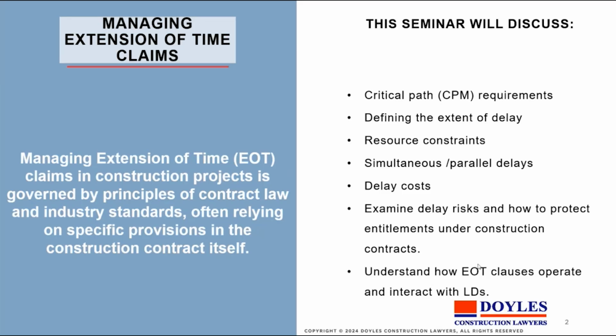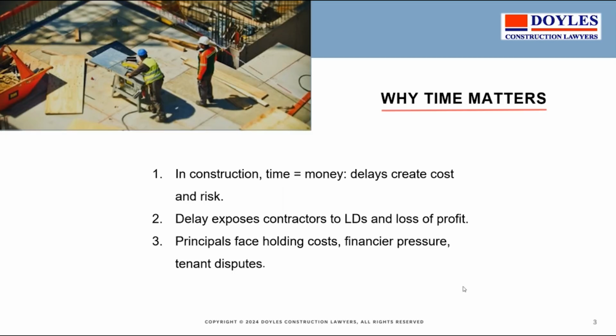So these are all concepts which apply in many of the extensions of time or delay claims that you'll be dealing with. The other aspect is to understand how extension of time clauses operate in respect of liquidated damages, which are also an almost universal characteristic of a construction contract.